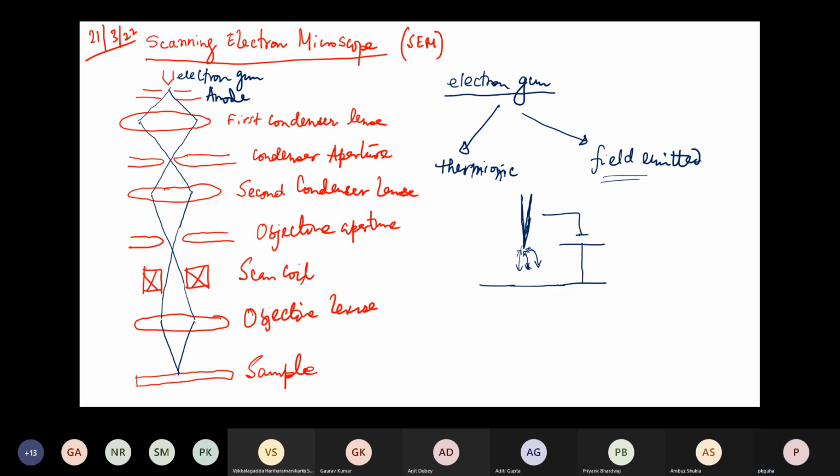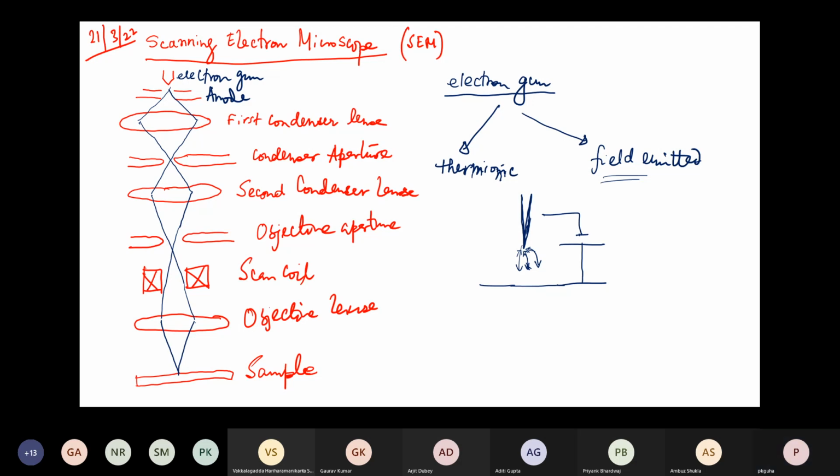Now there are various ways to use these electrons or electron beam, focused through different lenses. Now it will go through the first condenser lens.